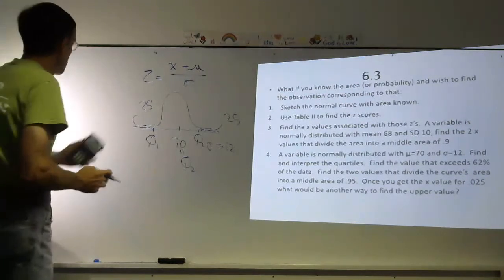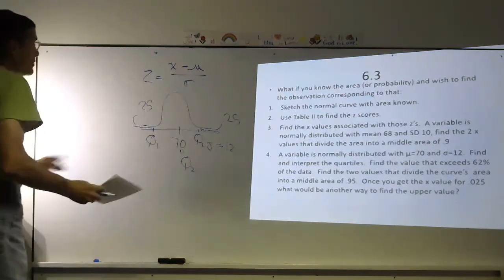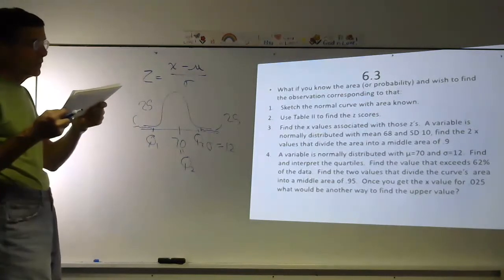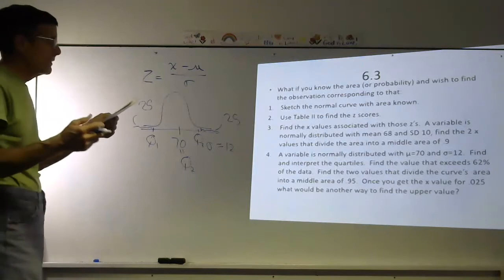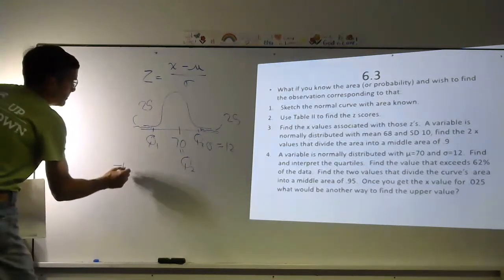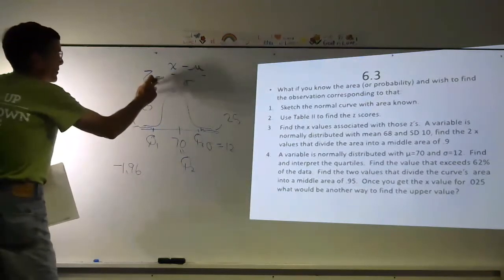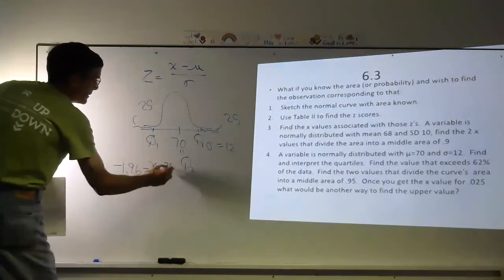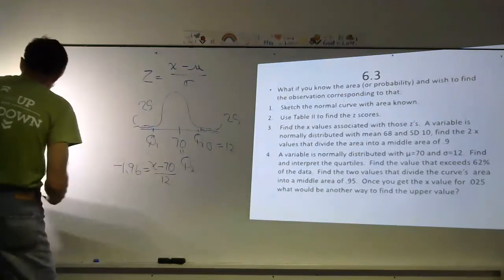Okay, so if I know 25% of the data is to the left, here we go again, do a reverse lookup on 0.25, comes out dead even at negative 1.96. So negative 1.96 is the z-value, equal to x minus mu, 70, all over 12.